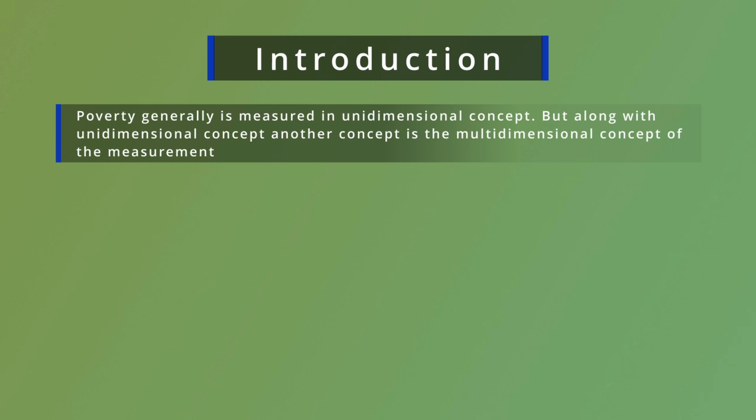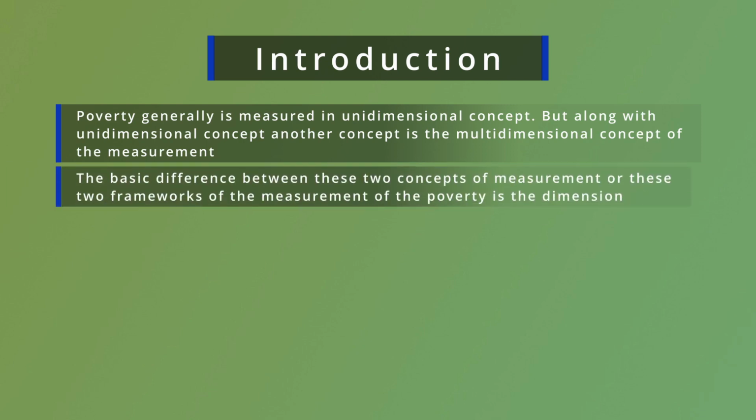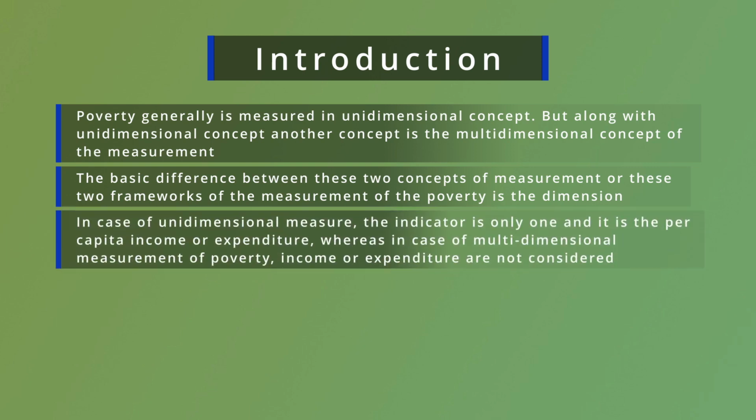Poverty is generally measured as a unidimensional concept. But along with the unidimensional concept, there is another concept, the multidimensional concept of measurement. The basic difference between these two frameworks of measurement of poverty is the dimensions. In the case of the unidimensional measure, the indicator is only one, and it is per capita income or expenditure. Whereas in the case of multidimensional measurement of poverty, income or expenditure are not considered.